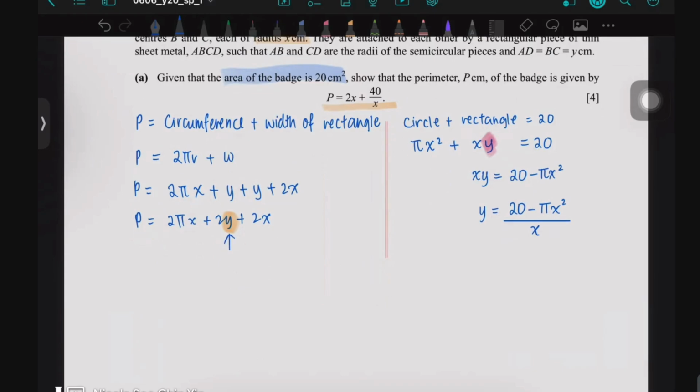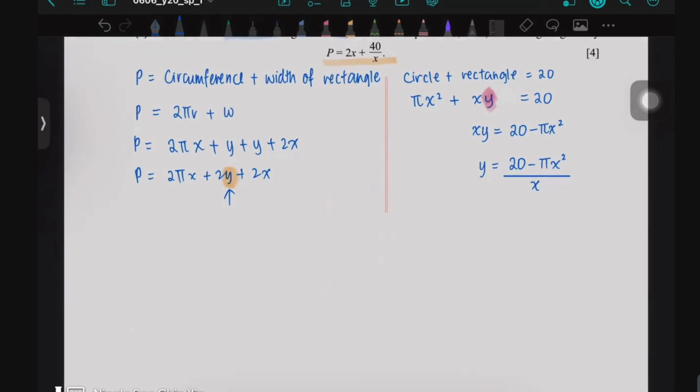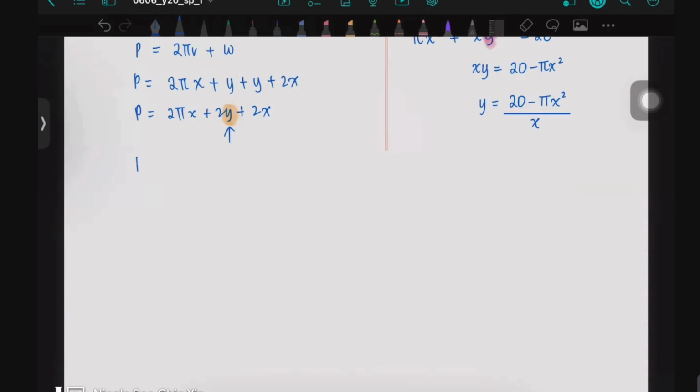Once I get the information, I can straight away substitute into my 2y here. So I can continue to get P equals 2 pi x plus 2 bracket 20 minus pi x squared over x, plus 2x.